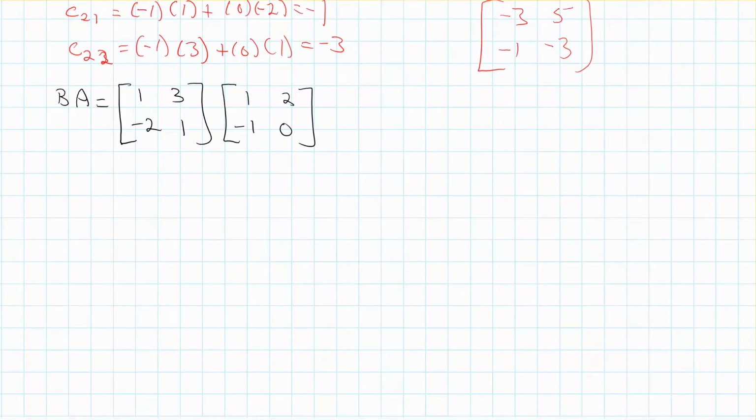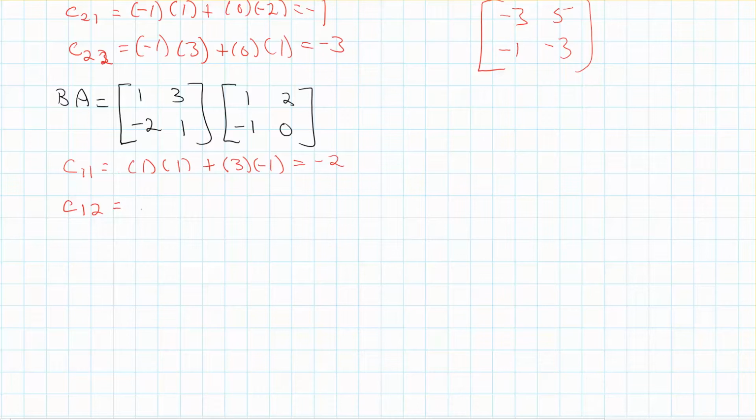Same set of equations we got to kind of write down. So C11. This would be 1 times 1 plus 3 times negative 1. Row 1, column 1. So this would be 1 plus negative 3, which is negative 2. C12.